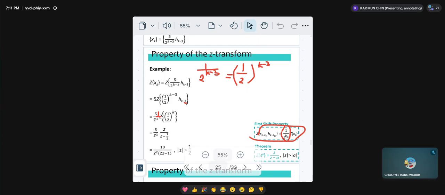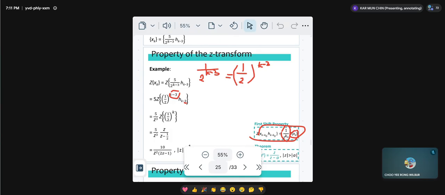When you take out the k0 term, you're remaining with the term with k only, so 1 over 2 to the power of k minus 3 becomes 1 over 2 to the power of k.